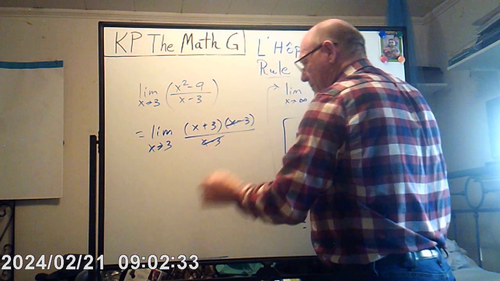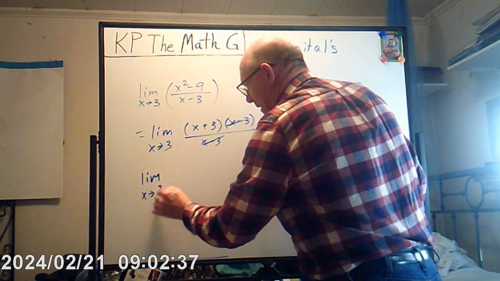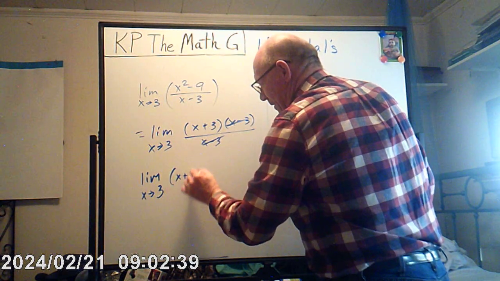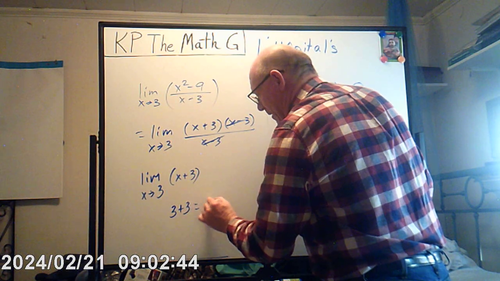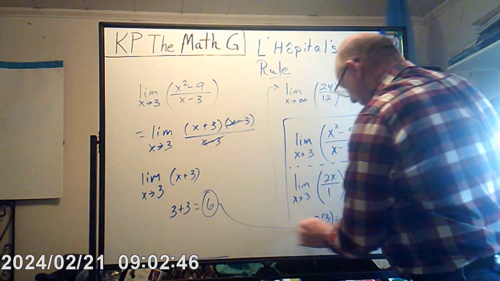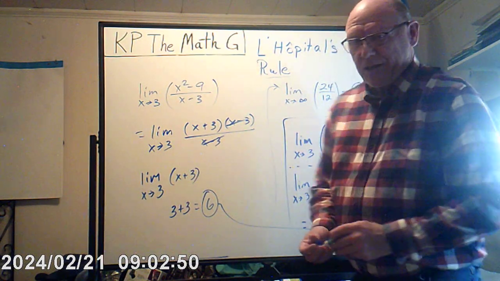Now the limit as x approaches 3 of x plus 3, I can plug that in: 3 plus 3 equals 6. So either way, we get the exact same answer.